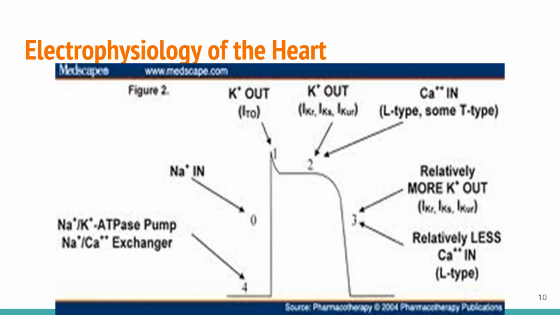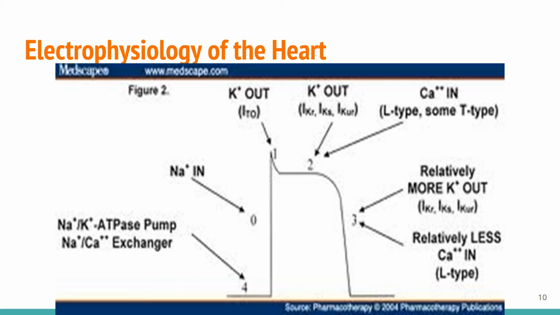That corresponds with the R and S waves of the EKG, but we'll talk more about that later. Again, repolarization is where you're starting to relax. So you have that good spike there, and now your repolarization is phase 1.